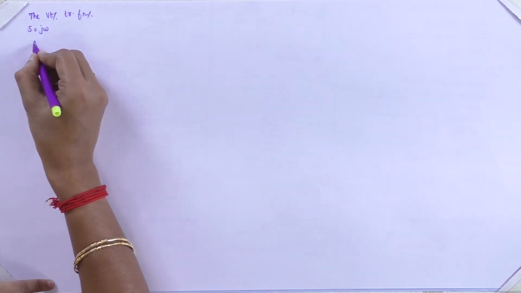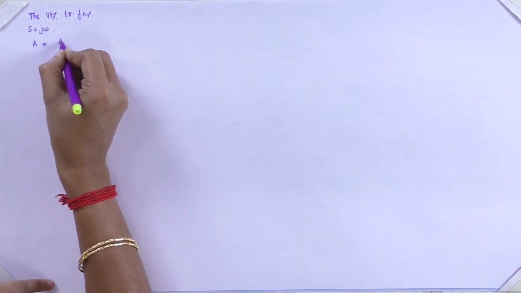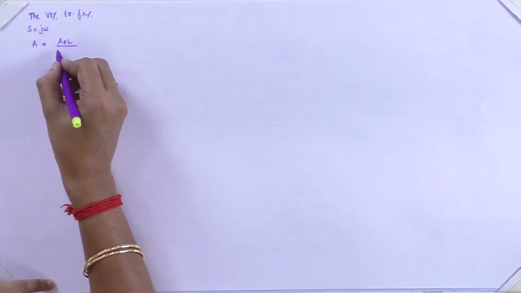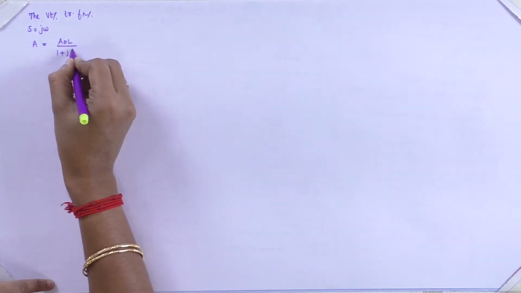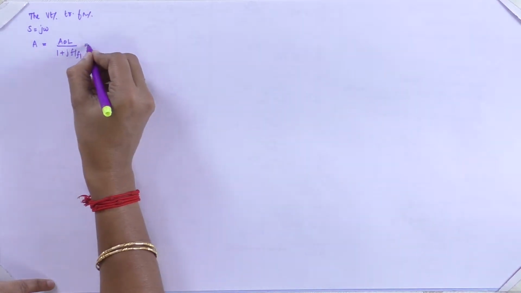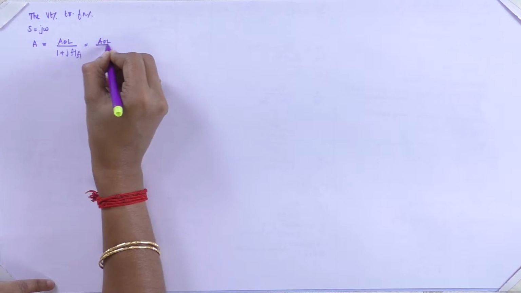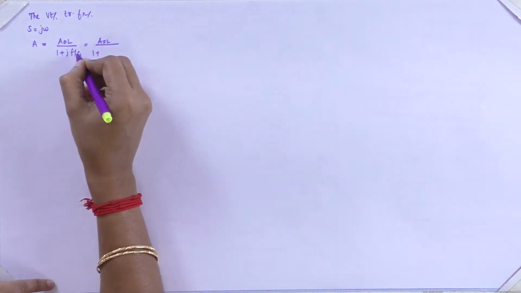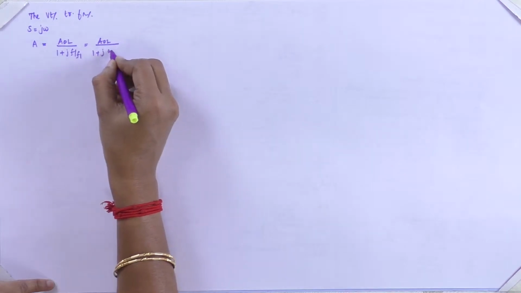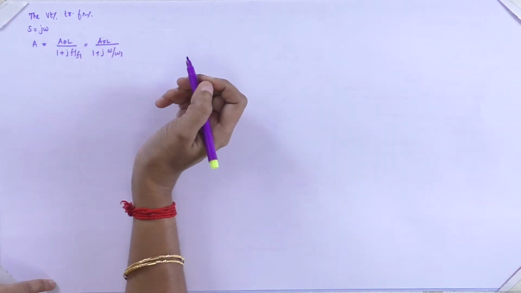We all know that the S domain can be represented by the j omega factor. So here we first start with the gain, the earlier formula. Again I am rewriting A is equal to the open loop gain by 1 plus j f by f1. Here we are going to replace AOL divided by 1 plus the j frequency factor with the omega factor, so omega by omega 1.